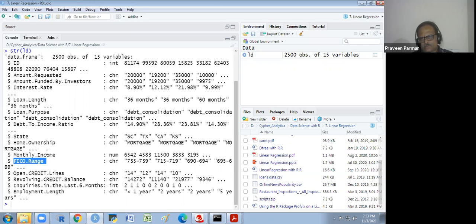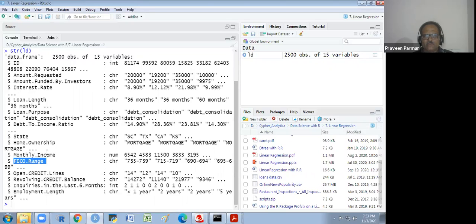There are two types of processing. General processing means it will not affect. It is not feature engineering. We'll perform some feature engineering later, which means when we do the dummy variables.